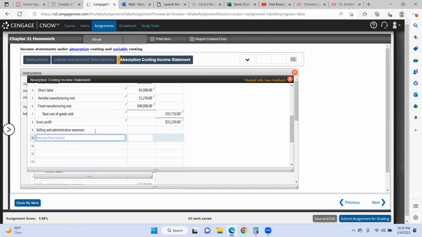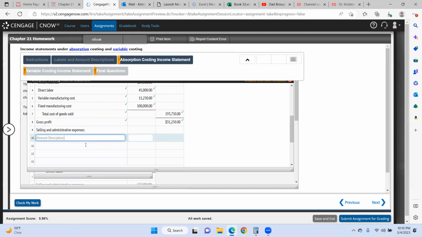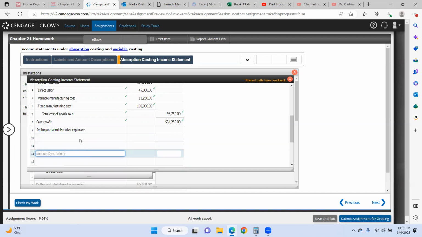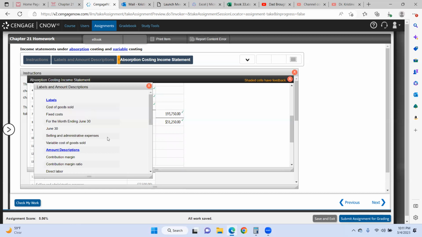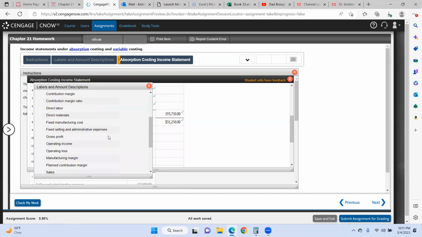And we're going to go ahead and, let's see, how many are they going to list here? Nope, they're just going to have two. They're going to have variable and they're going to have fixed. I like to put my variable first.